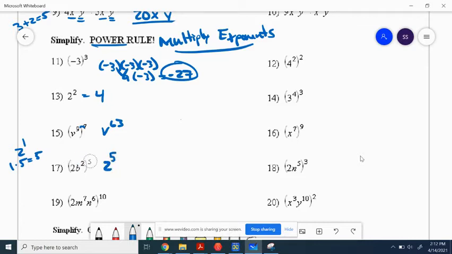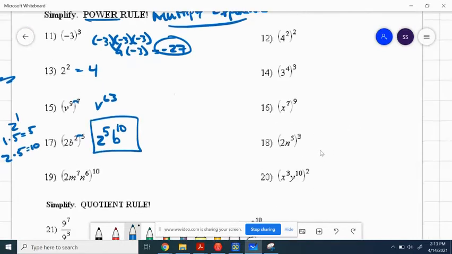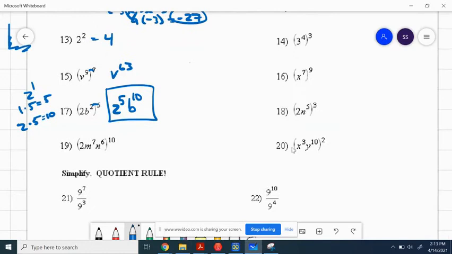And then we distribute it out and do 5 times 2, which is 10. So it's going to be b to the 10th power. All right, I'll give you those even ones to do.